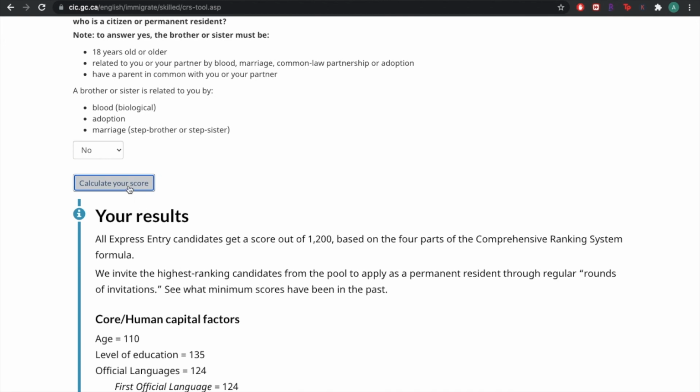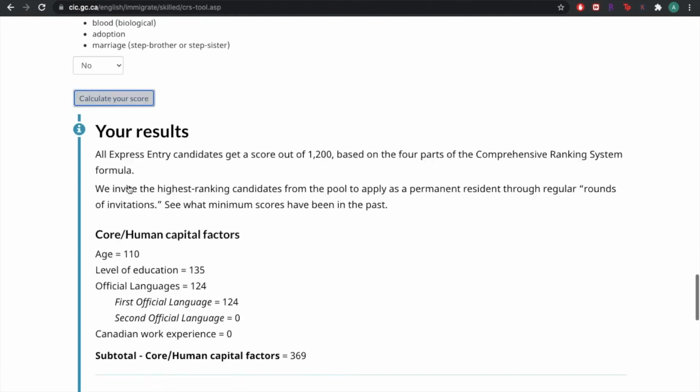So for people who are married and do not have sufficient points, if you calculate your score without your spouse coming with you, and you think it's going to get you into the pool and get you PR, and you do not mind being away from your spouse for a bit, because it can take a while for spousal sponsorship to be processed, this is another option for you.